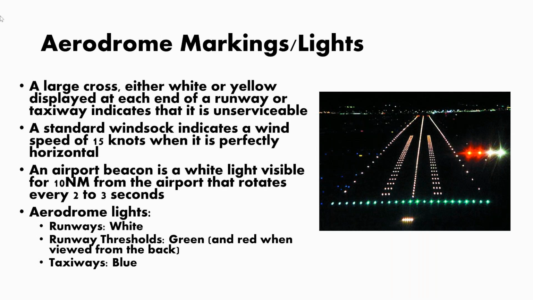The operator of the airport, before they closed it, wanted to let any future pilot know that that runway is now unserviceable, so you just paint a giant white or yellow X at each end to indicate that it's no longer being used. And sometimes that's even the case at active airports where they've only closed one runway for whatever reason.